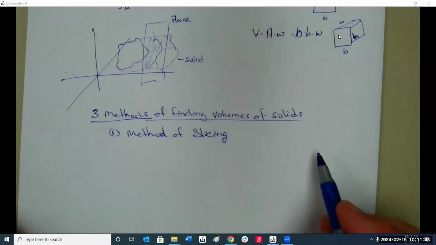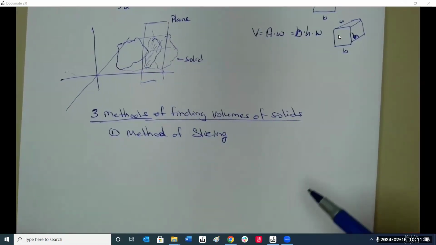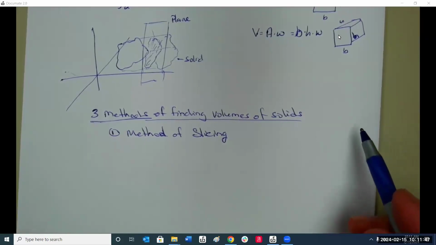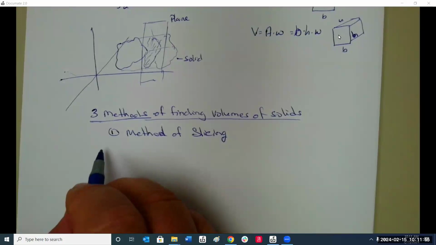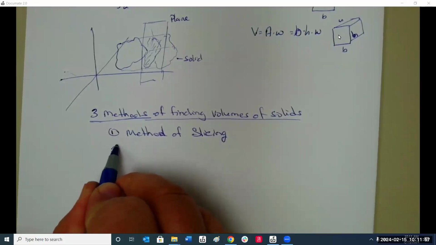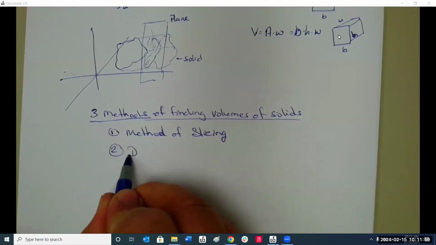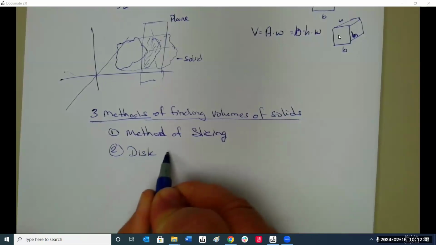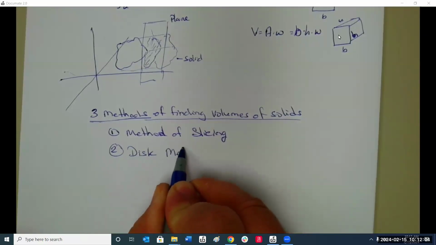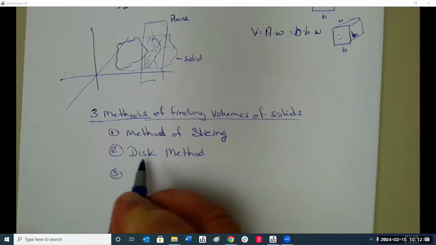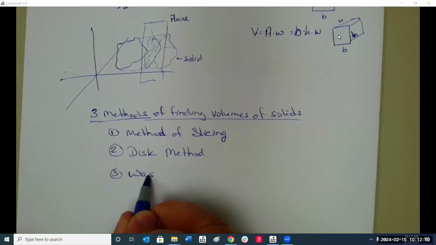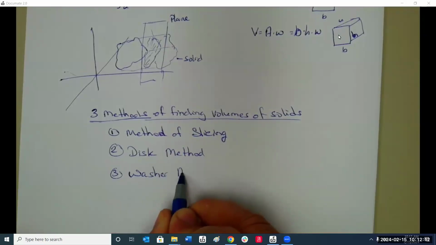We're just going to take our solid, whatever it is, and slice it with these planes. Each of these planes will have a certain width, and as those widths go to 0, we have individual microscopic slices. Then we'll look at what's called the disk method. And lastly, the washer method.